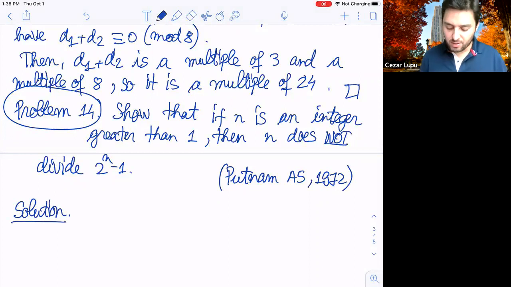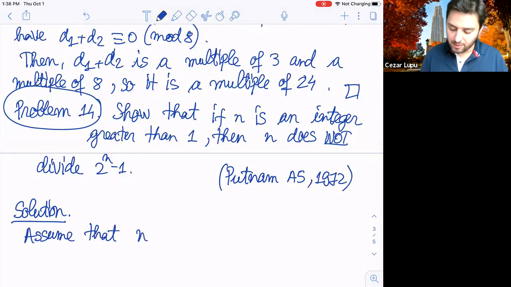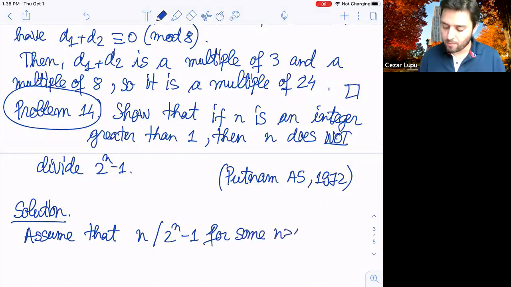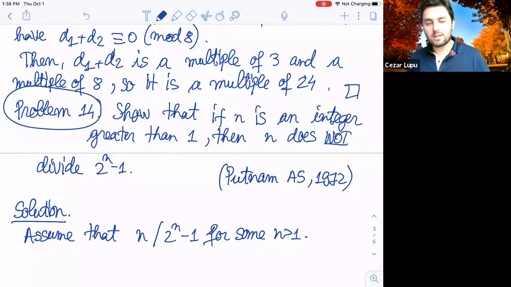So now let's assume by contradiction that n divides 2 to the power n minus 1 for some n greater than 1. Let's assume this by contradiction, and then we'll get a contradiction. Now let's see something about 2 to the power n minus 1, its parity.